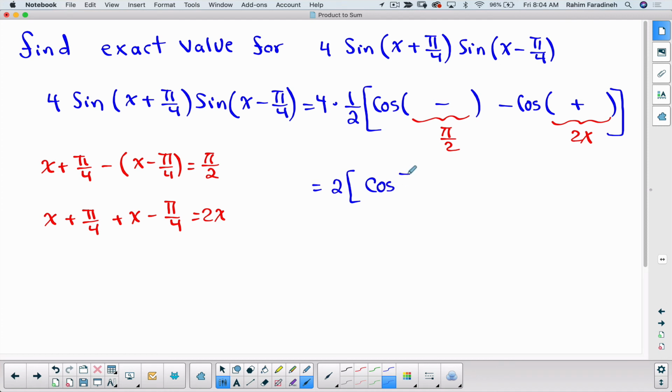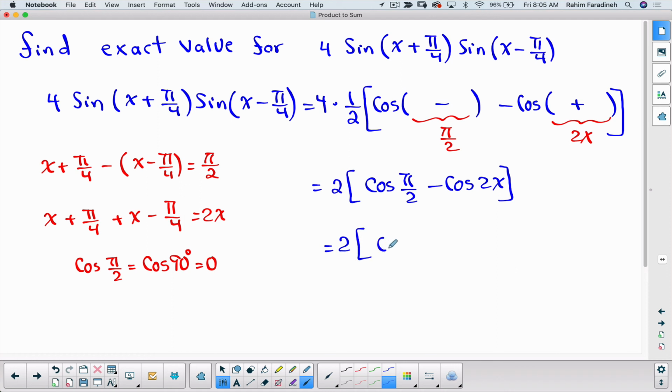This will be cosine of pi over 2 minus cosine of 2x. But cosine of pi over 2 is the same as cosine of 90 degrees, and cosine of 90 degrees is 0. So we have 2 times 0 minus cosine of 2x.